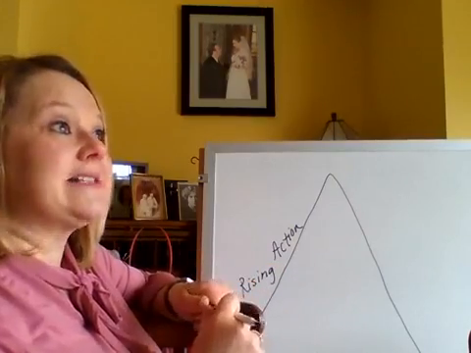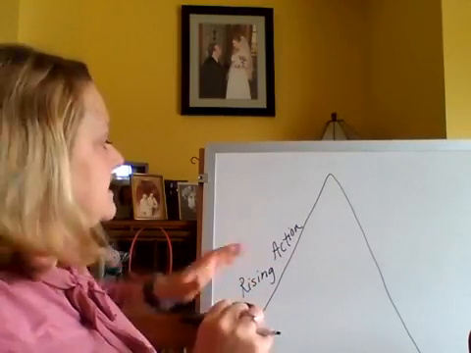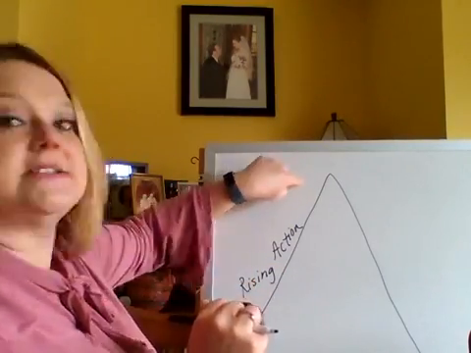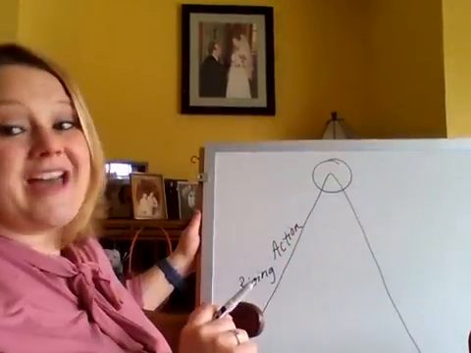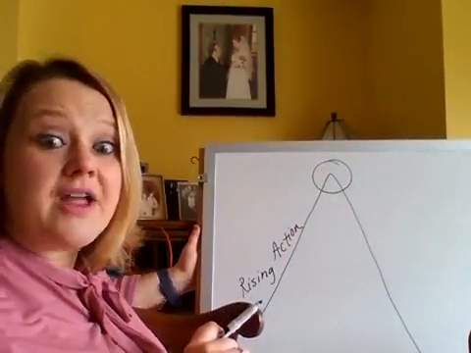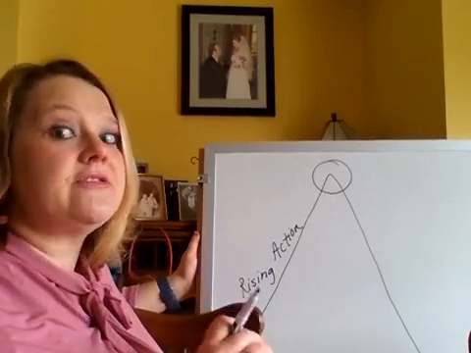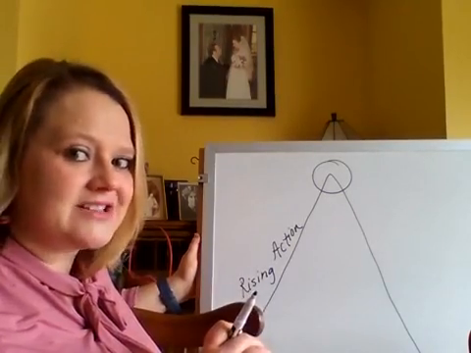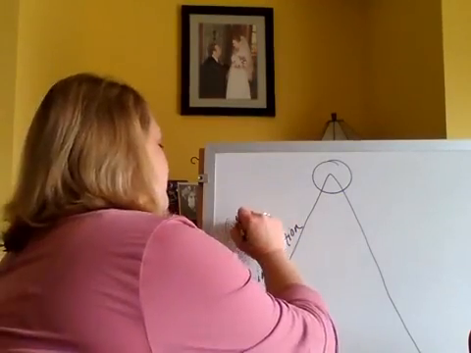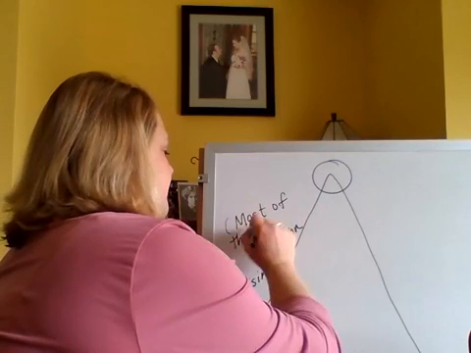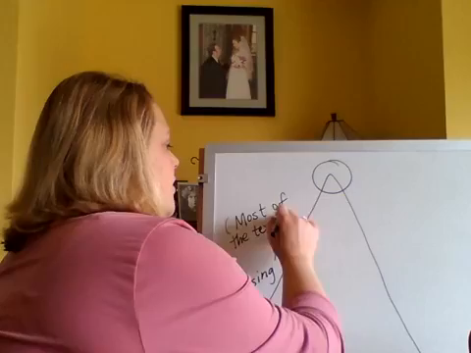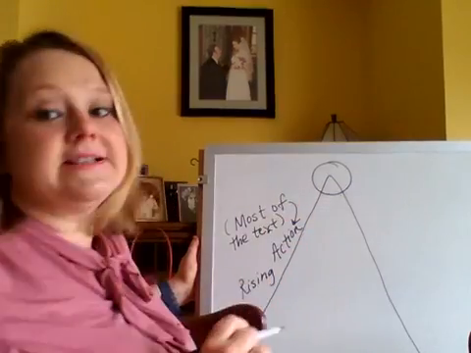It also has lots of detail and sequence leading up to the top of that hill. And the top of a hill is usually found toward the end of a text. So most of the text falls into this category, the rising action.